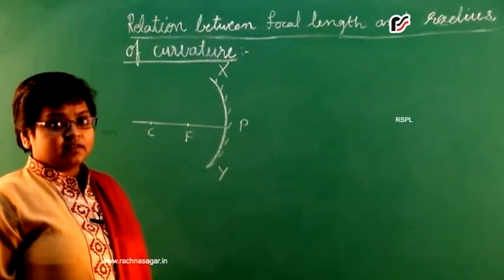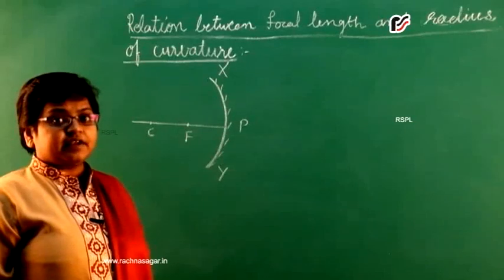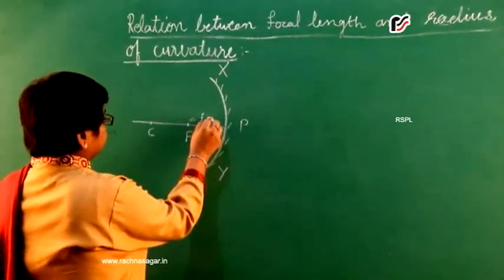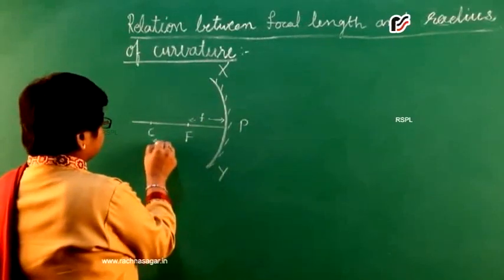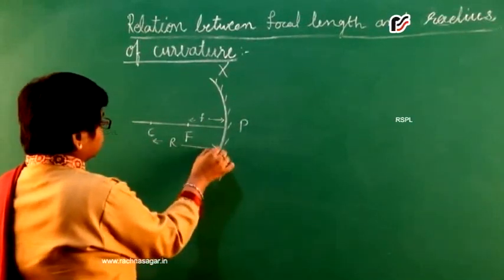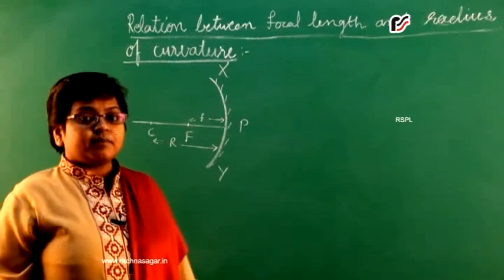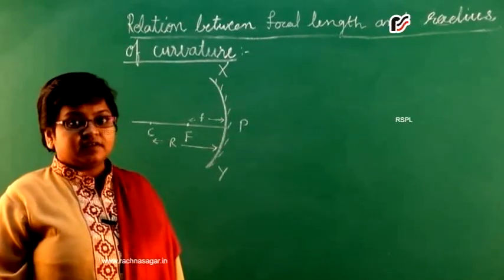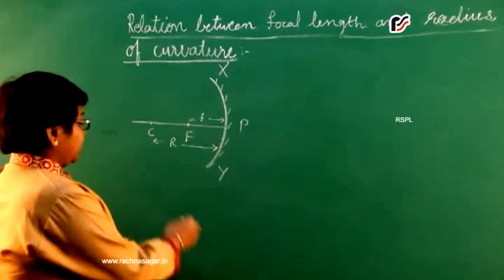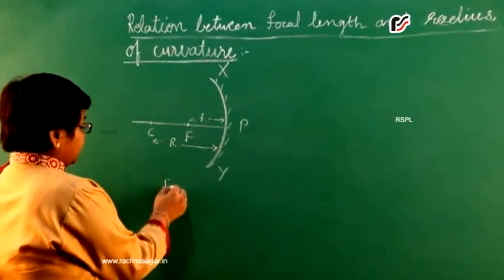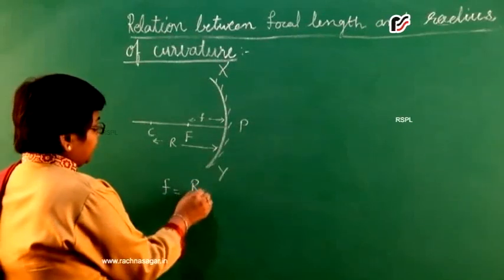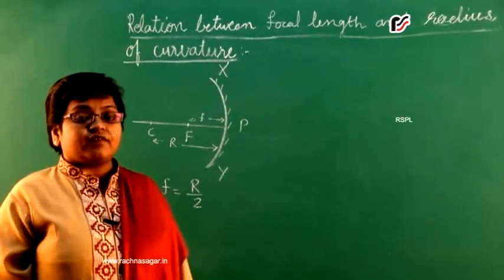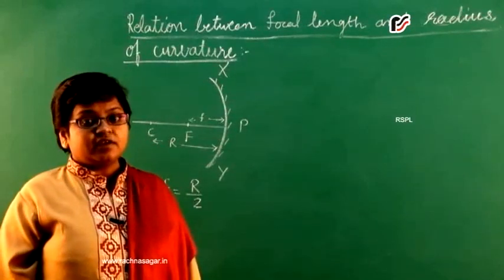PF be the focal length and PC be the radius of curvature. Always remember that F is the midpoint of PC. That's why focal length is always half of the radius of curvature.